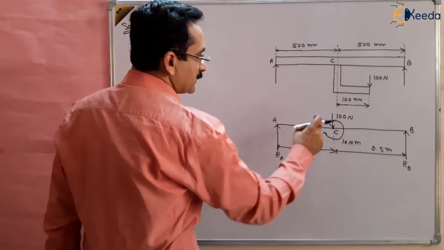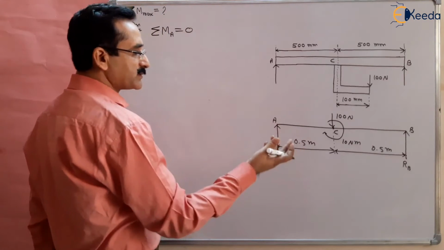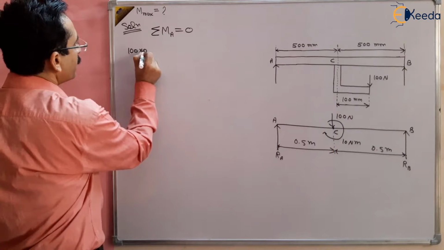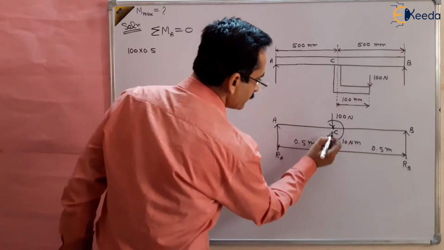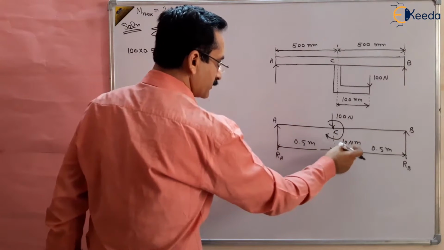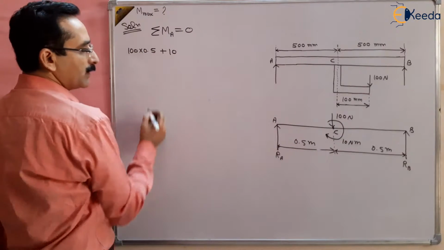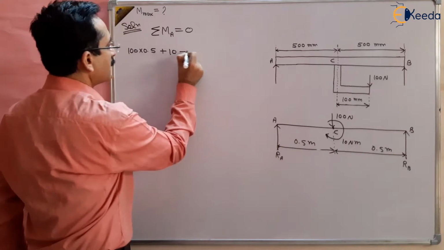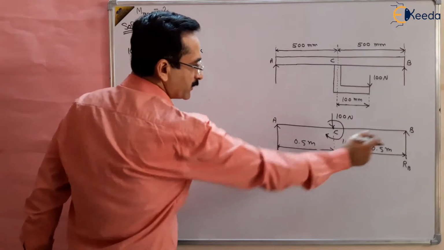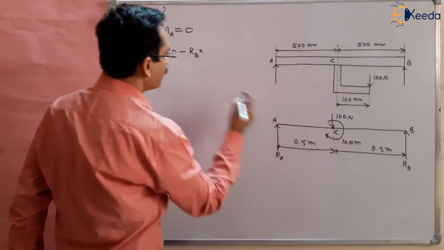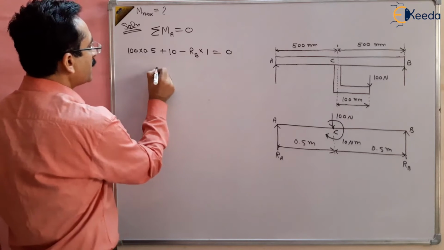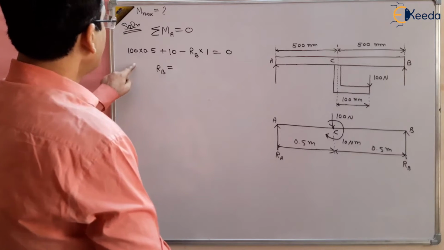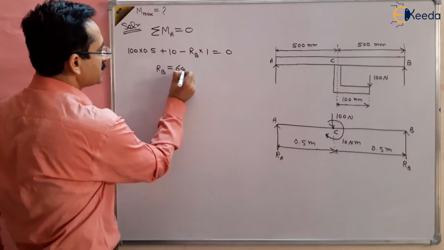Taking clockwise moments as positive, 100 multiplied by 0.5, and this 10 Newton meter is already clockwise, so it is added. So 100 multiplied by 0.5 plus 10, and RB is anti-clockwise, so minus RB multiplied by the total length of the beam, 1 meter, that should be equal to 0. From here we can find RB. RB comes out to be 50 plus 10, that is 60.